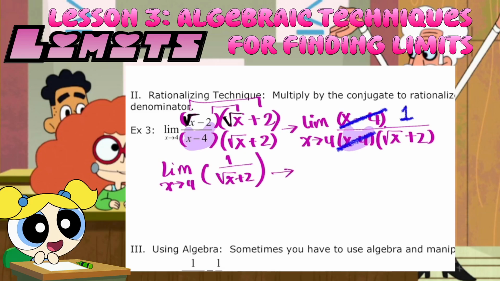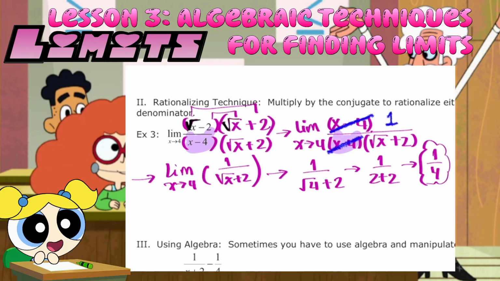Now that that devil is gone, we can do direct sub. 1 over root 4 plus 2, 1 over 2 plus 2, 1 over 4. Winner, winner, chicken dinner. So that's how we do it this way, multiplying by a conjugate, rationalizing our numerator.